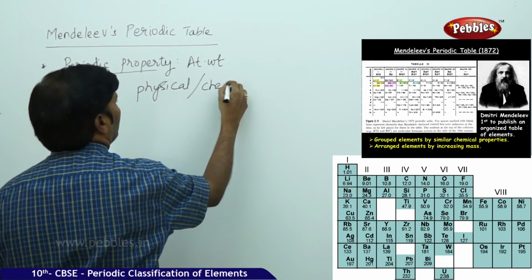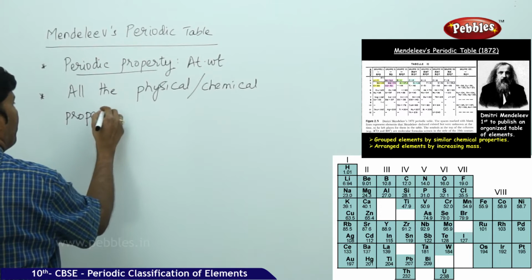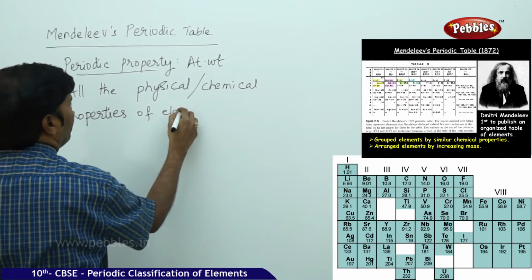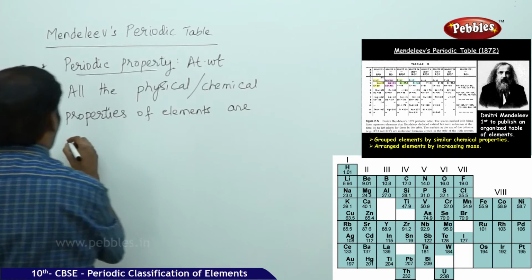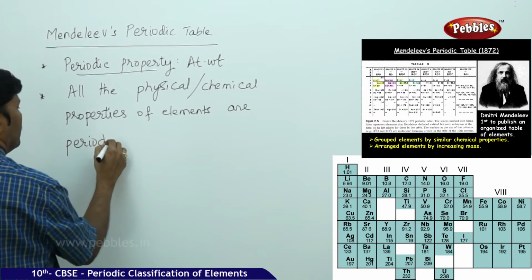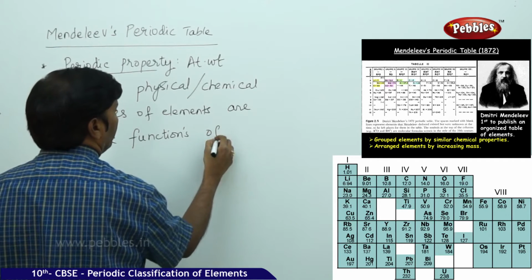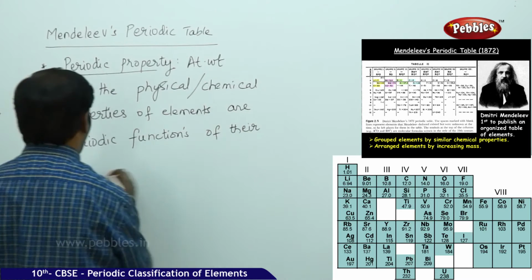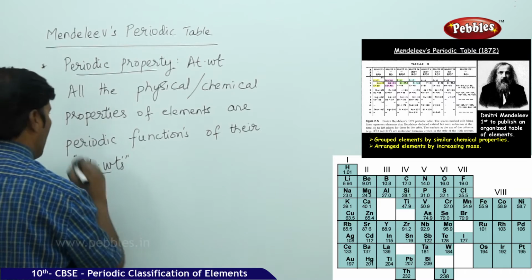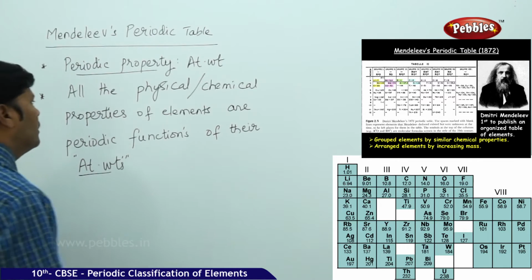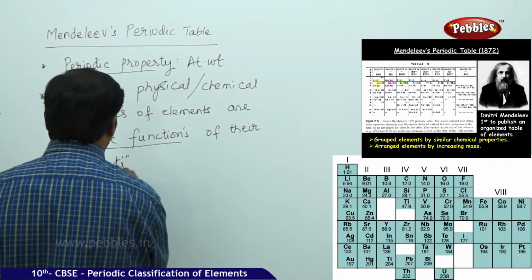All the physical and chemical properties of the elements are periodic functions of their atomic weights.